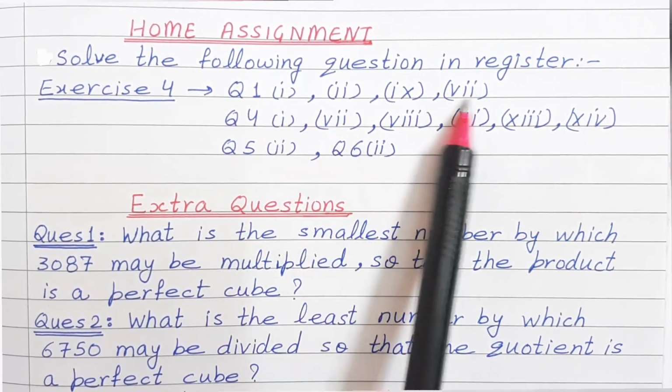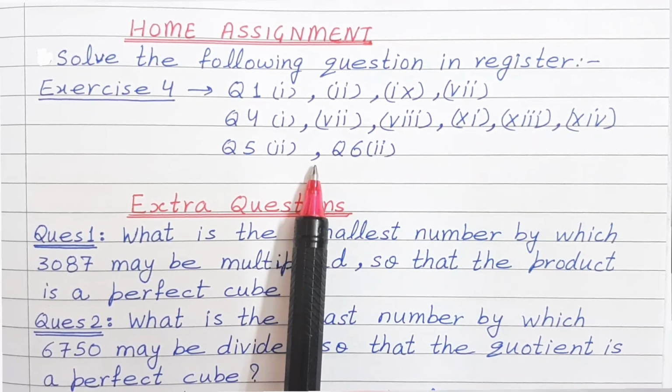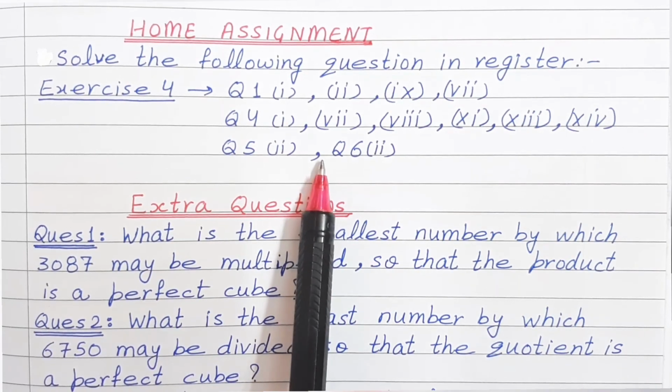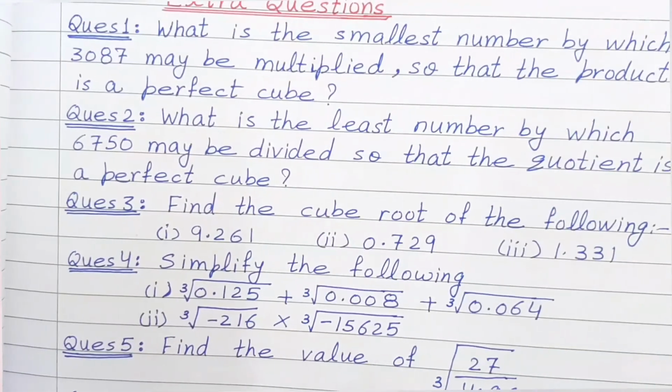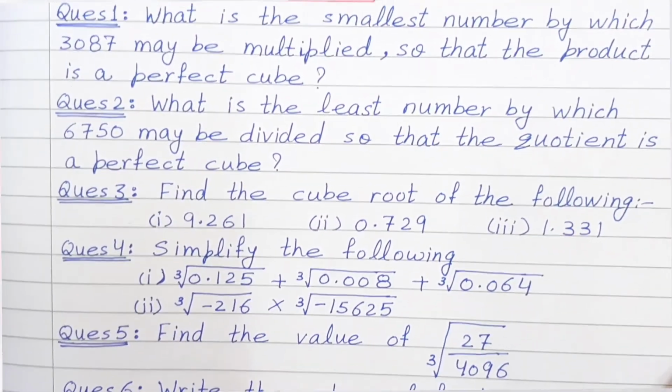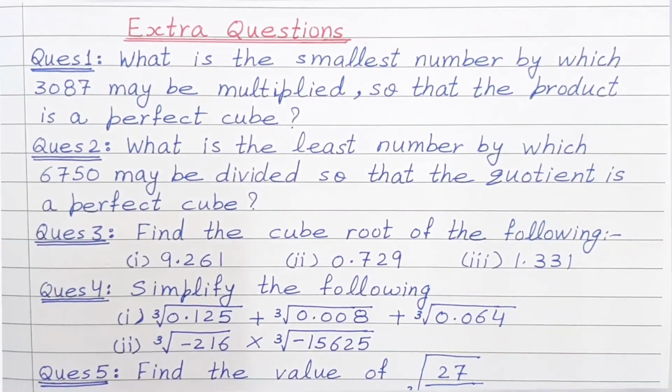Children, do all the given parts in your maths register and also practice the examples given in your book. Also students, please go through all these extra questions and solve them in your maths register. These are very important questions, right?